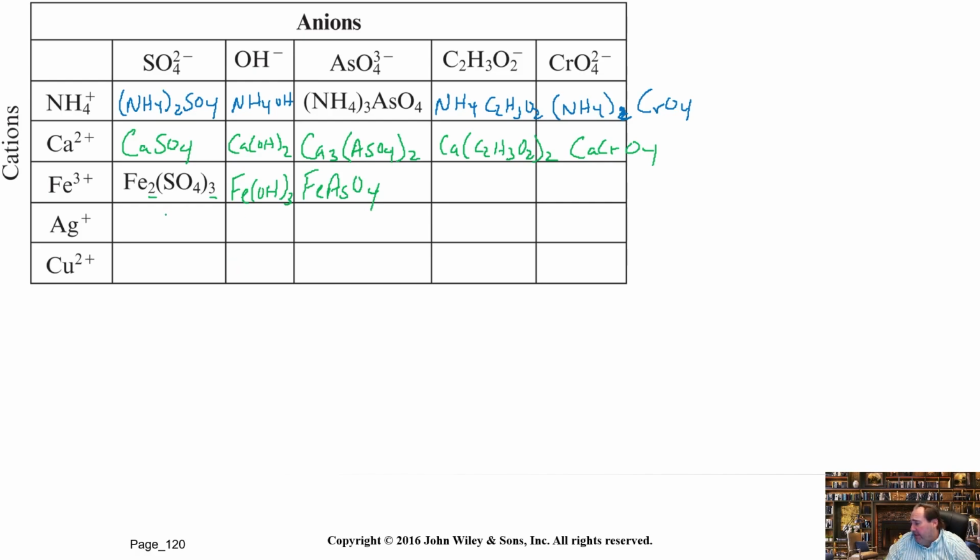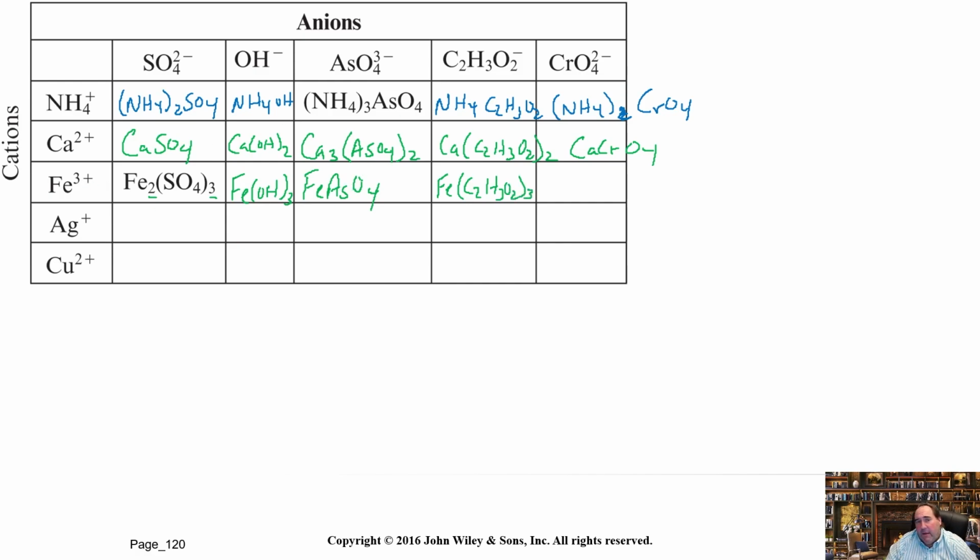Again, no parentheses actually needed there as it is 1 of each. +3, -1, so I will need 3 of the -1s there. So that also will require parentheses.